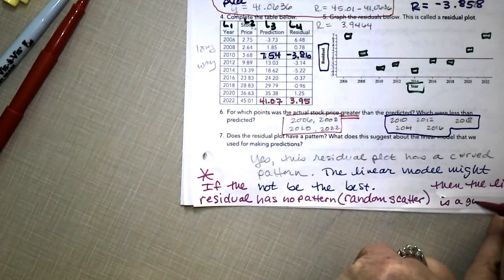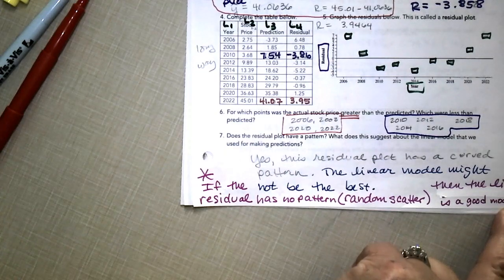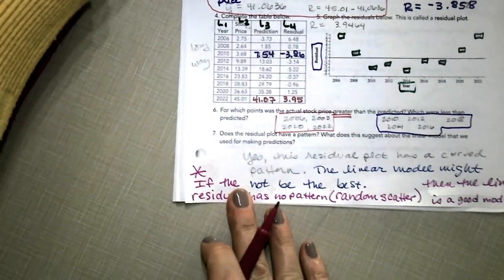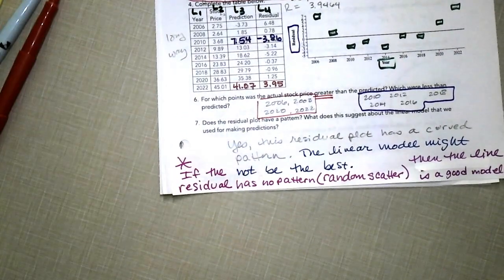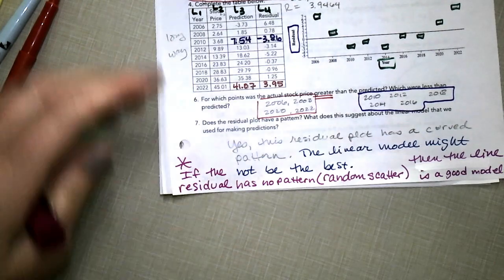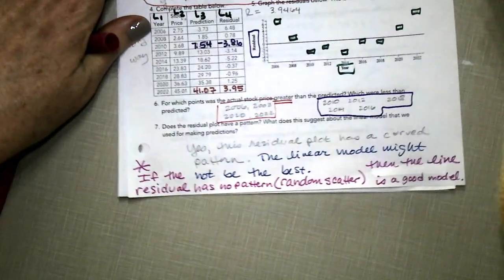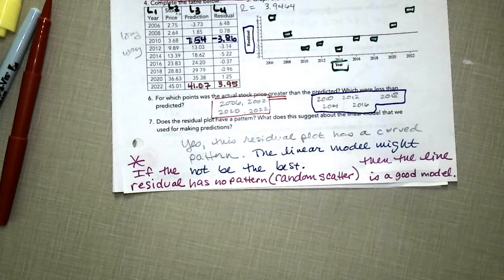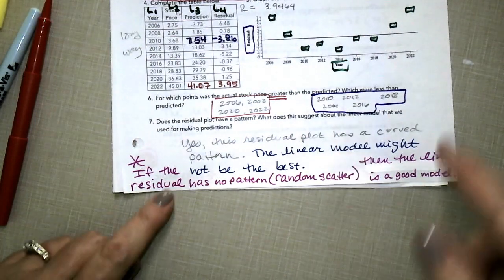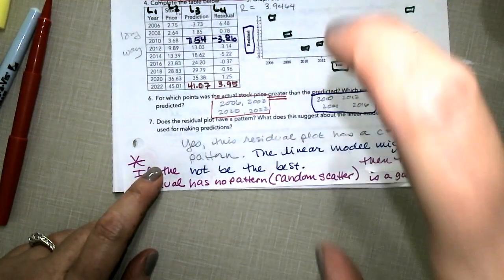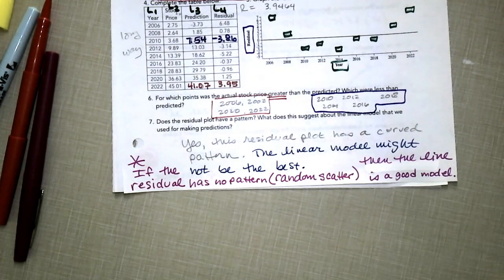So StatsMedic tries to make these fit on one side back to back, which I kind of like, but I also kind of don't like because that's hard for me to do. Okay, I can minimize the calculator now so that you can see all the words. Sorry about that. Okay, so because this residual plot is not random scatter, random scatter would look like this.